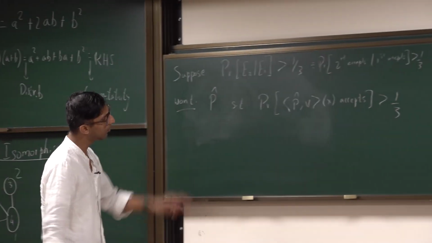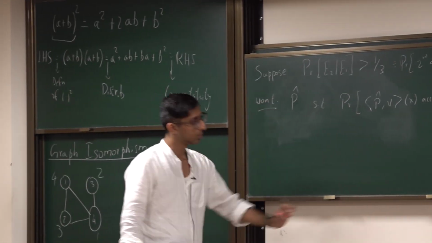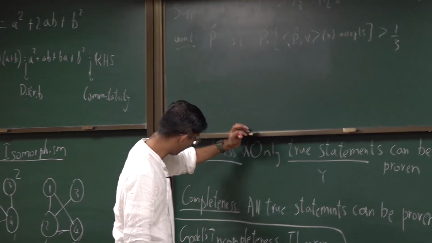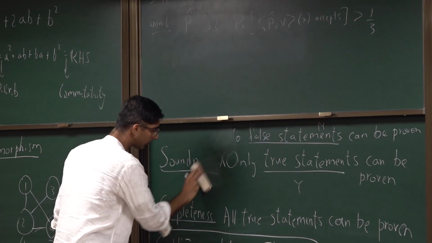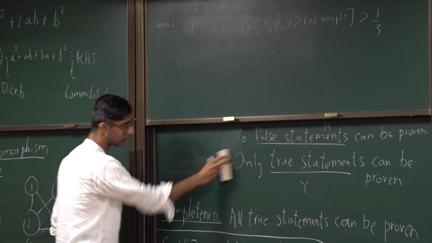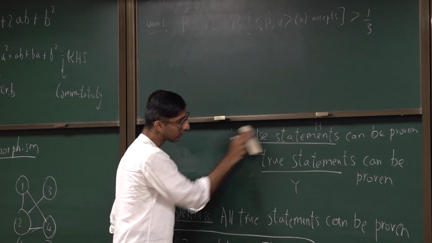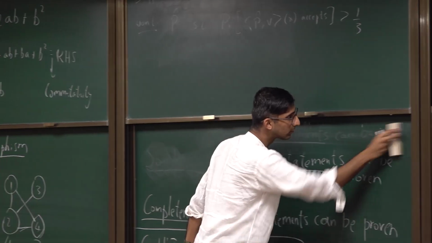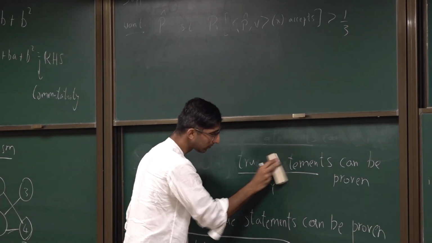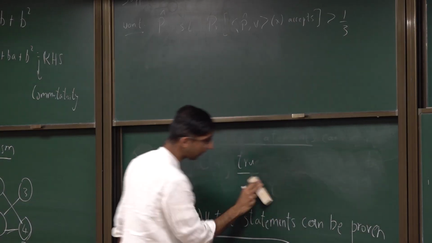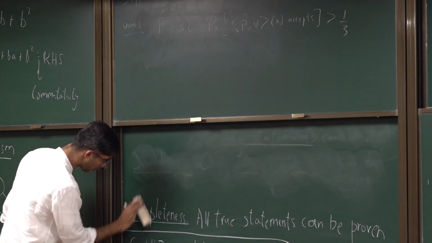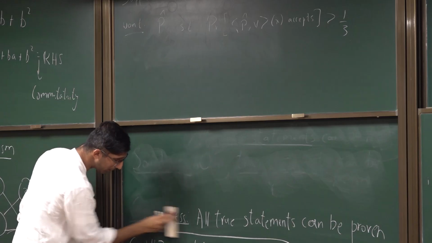And I want to use that to construct this P hat. So how am I going to construct it? Let me write down the entire algorithm for this P hat.